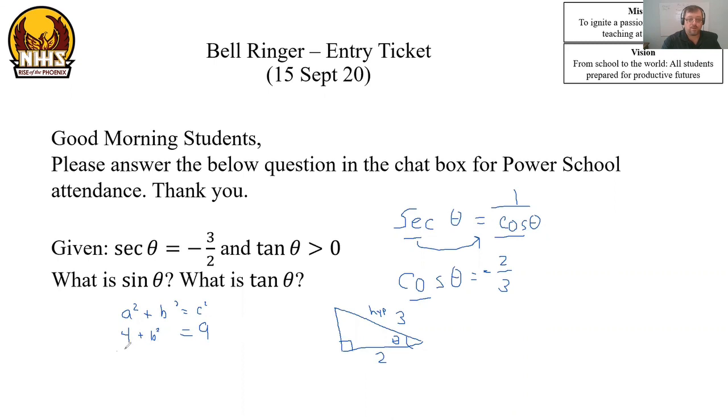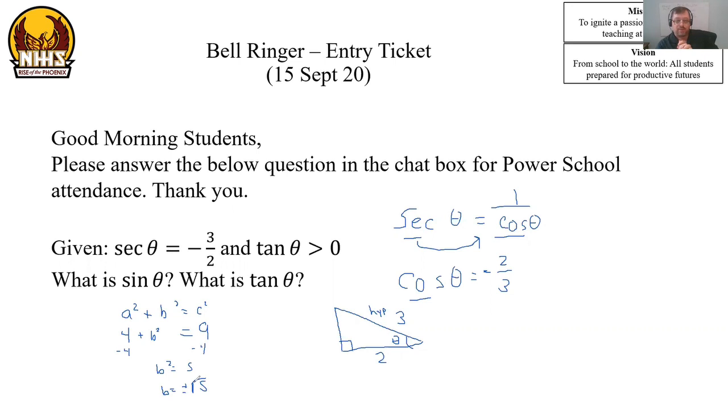Subtract the 4 from here, and I get b squared is equal to 5, and b is equal to plus or minus the square root of 5. Remember, it can be either way.